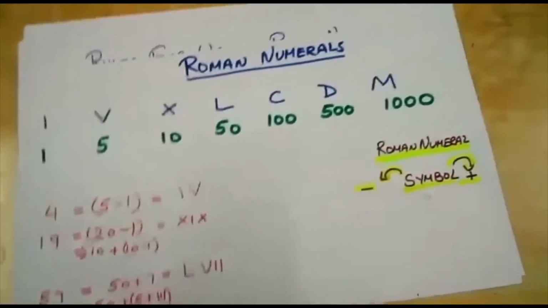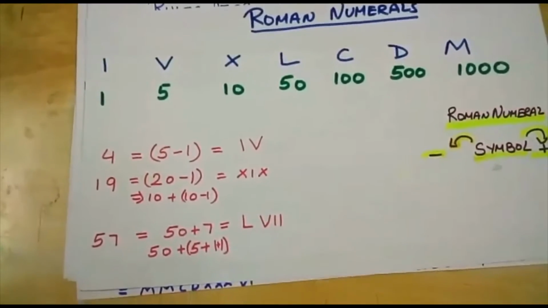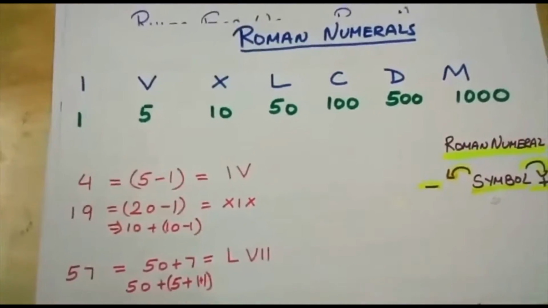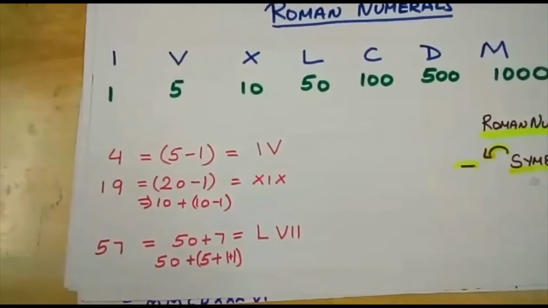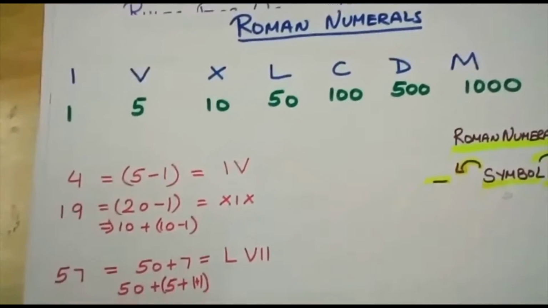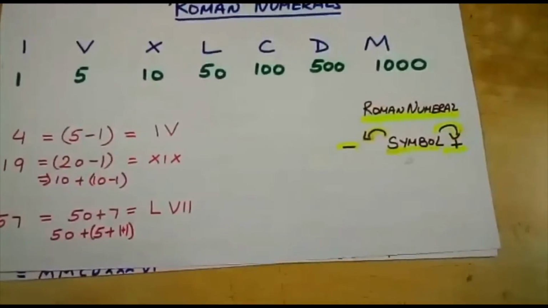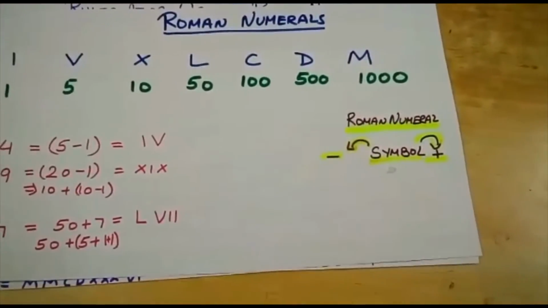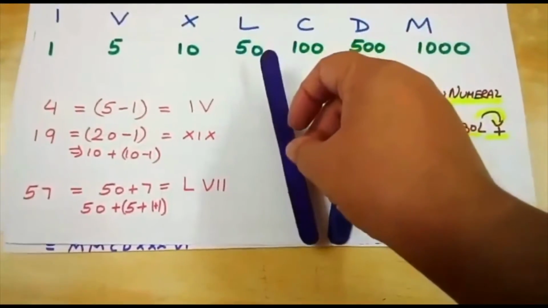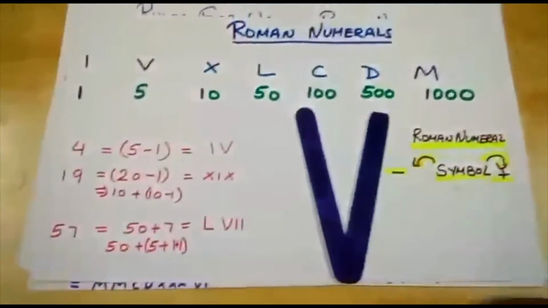Now we need to calculate some Roman numbers with the help of these symbols. If I have Hindu-Arabic numbers, how will we convert them to Roman numbers? These symbols will help us. One basic rule for this: suppose I have one ice cream stick over here. It represents the symbol 5.